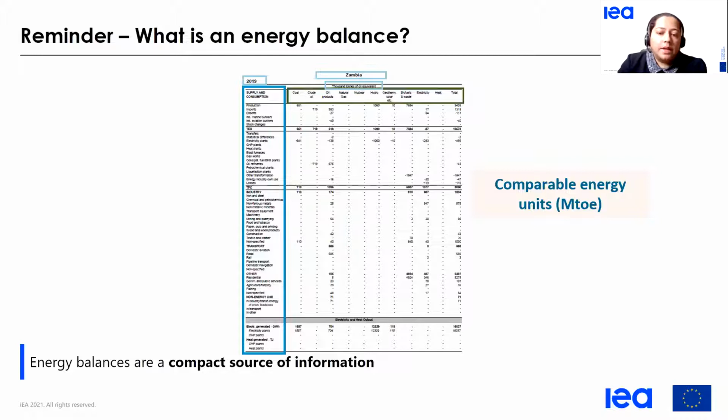To develop an energy balance from the set of commodity balances, there are 2 main steps. First, you have to convert to a common energy unit, and then you have to do some reformatting in order to avoid double counting. We will look at this in more detail later in the presentation.